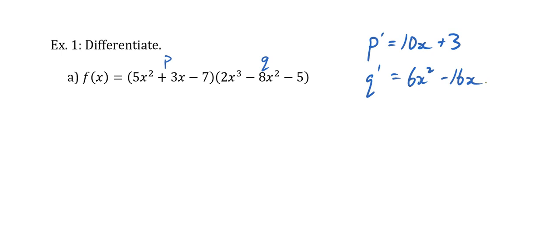Usually we just do that differentiating in place. What's the formula? Derivative of the first times the second plus the first times the derivative of the second.